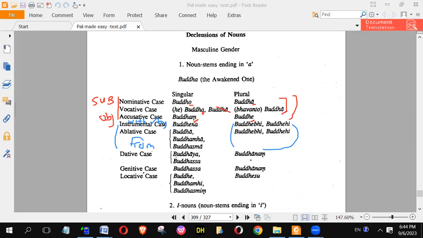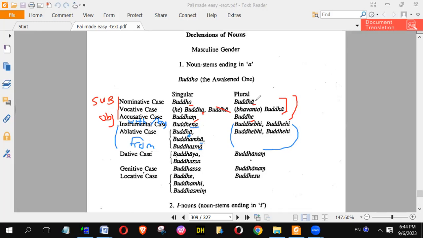For the instrumental, the main thing you must remember is a and na. Ablative finishes with the long A sound: amha or smā is still with the long A. This is a very short form, Buddha.